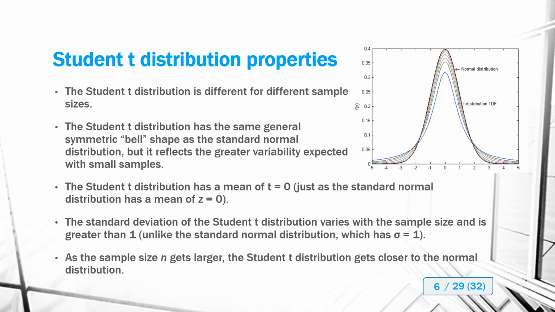And if we don't know what the population is, then perhaps we do have a small sample. Perhaps we don't. But the t-distribution actually provides a better approximation when we don't know what the population standard deviation is.